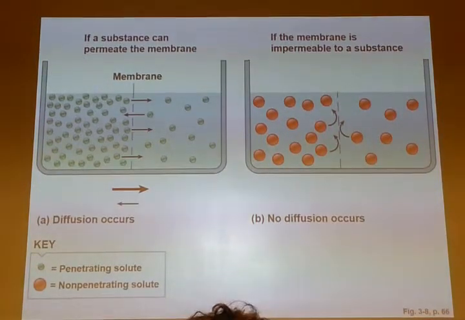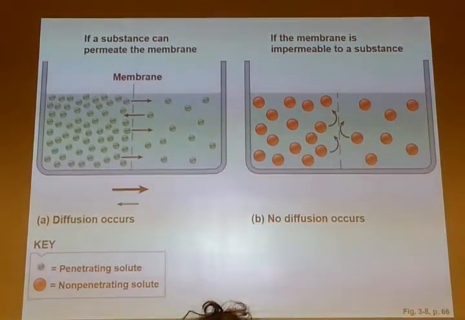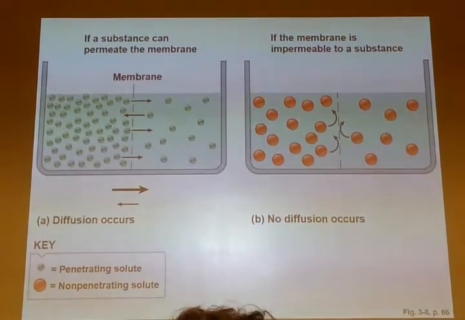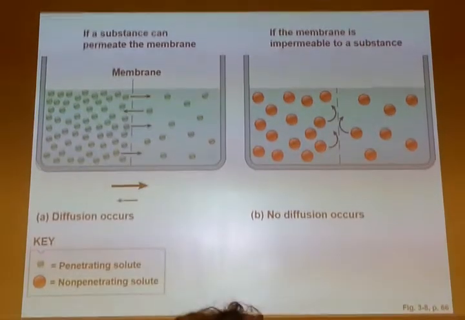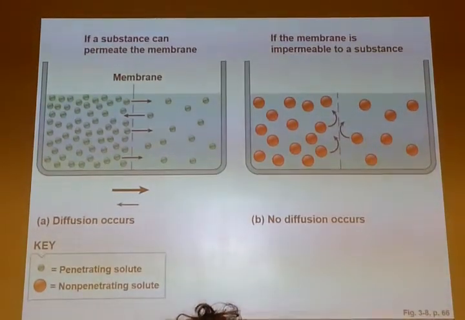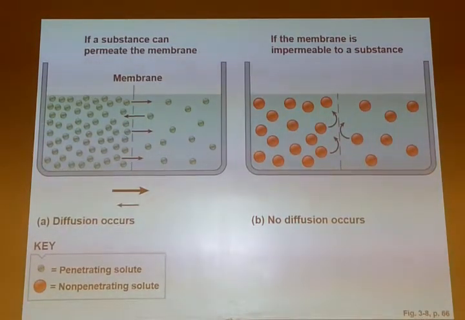What is the universal solvent for the human body? Water. So think always these solutes are in water. If solute can move, water can move. Even when solute cannot move, if it's a semi-permeable membrane, it's going to be permeable to water.